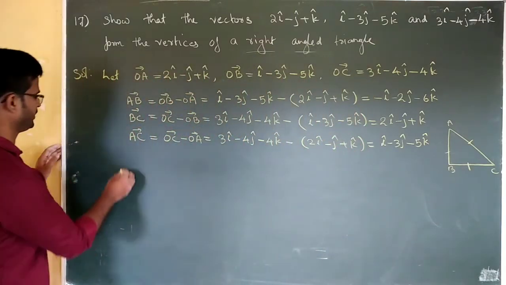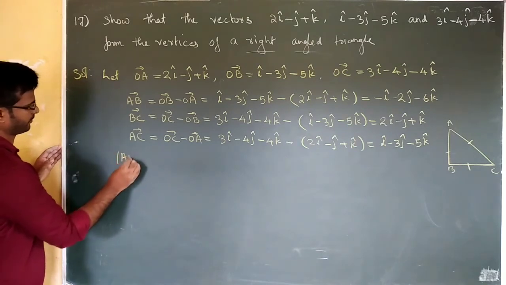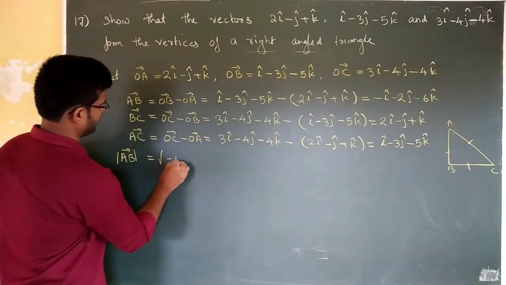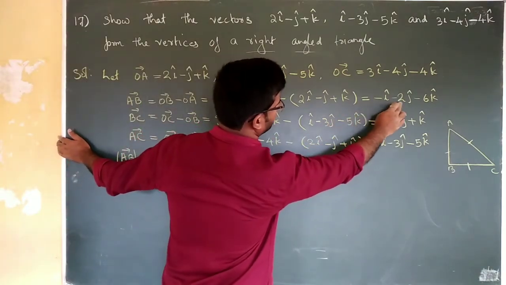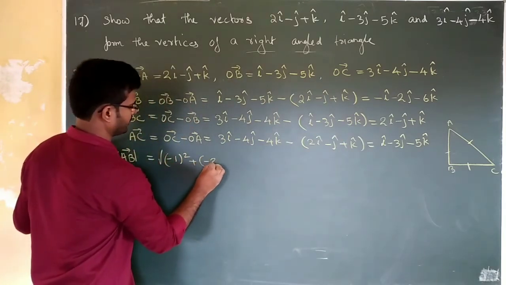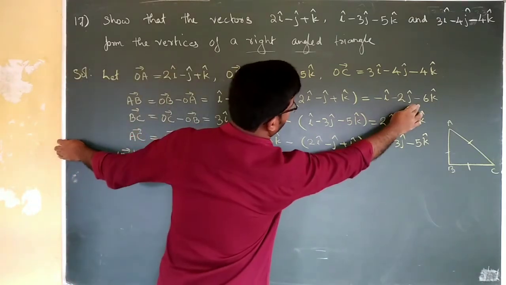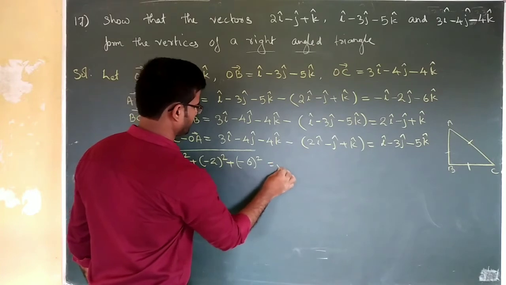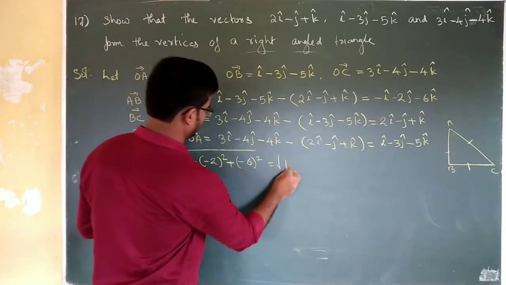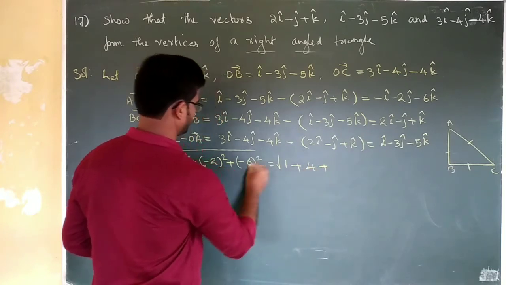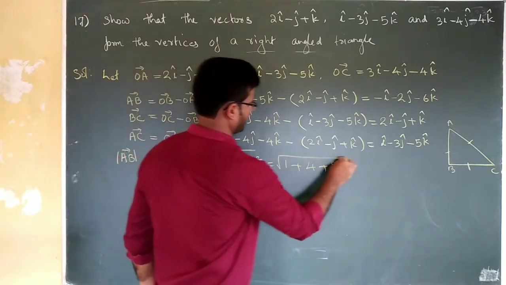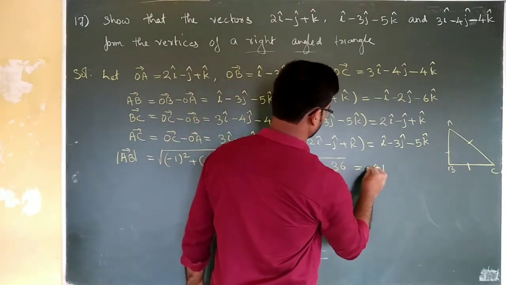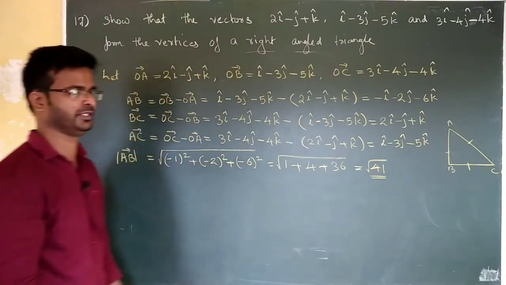Magnitude of AB vector equal to square root of minus 1 square plus minus 2 square plus minus 6 square, equal to square root of 1 plus 4 plus 36, equal to 36 plus 4 is 40, plus 1 is 41. Square root of 41, that is the magnitude of AB vector.